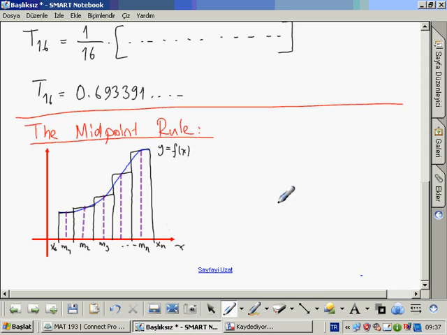Let me write the definition of this midpoint.